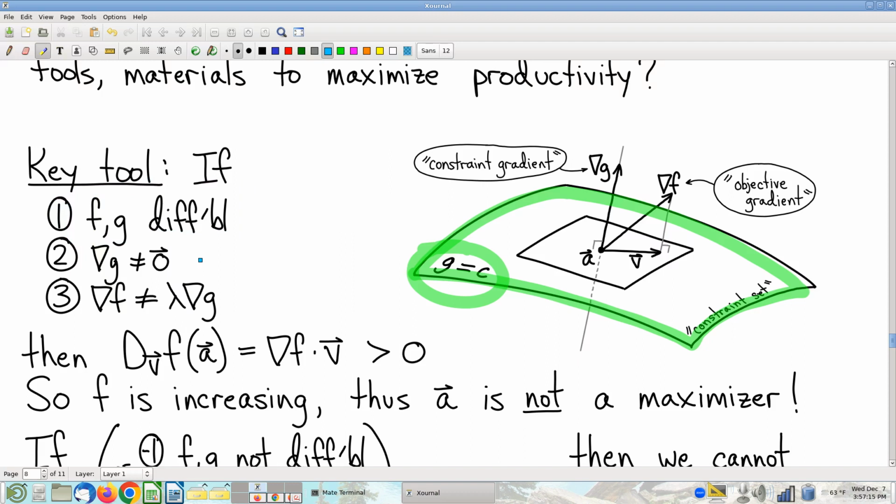Next requirement, the constraint gradient. Let's suppose that it is non-zero. So here you go, the gradient of the constraint function. Oh, and by the way, don't forget, our set is a level set of the constraint function.